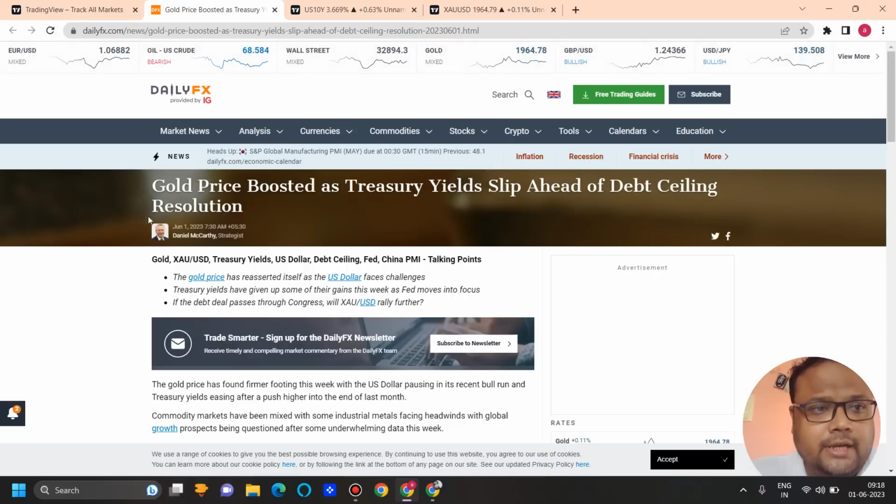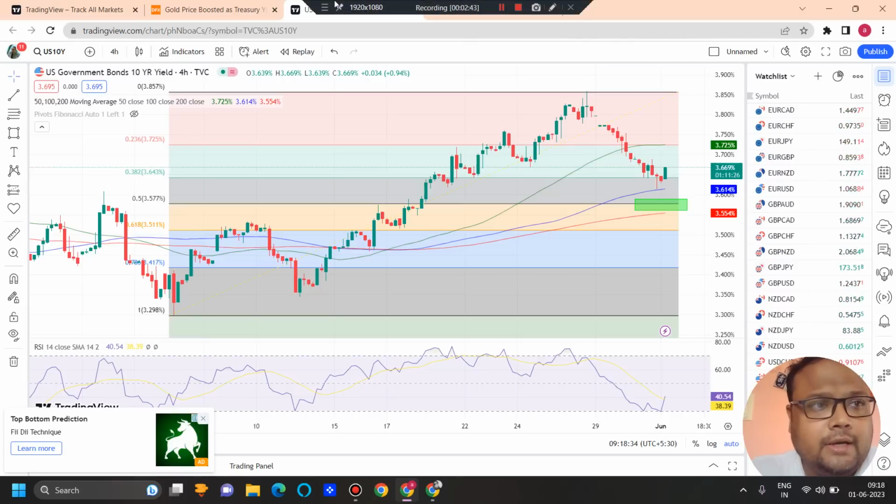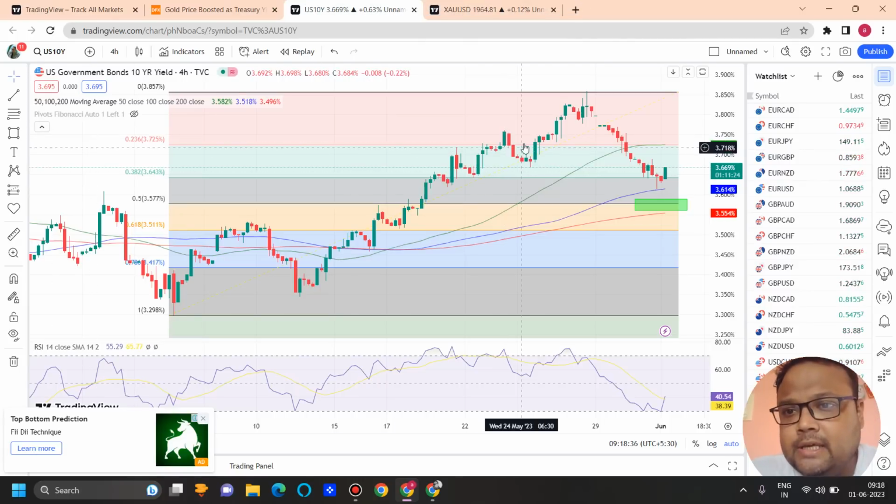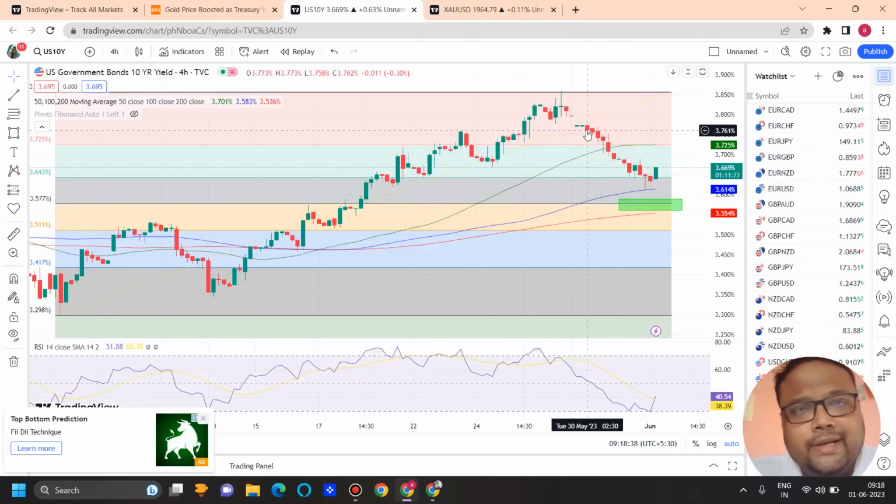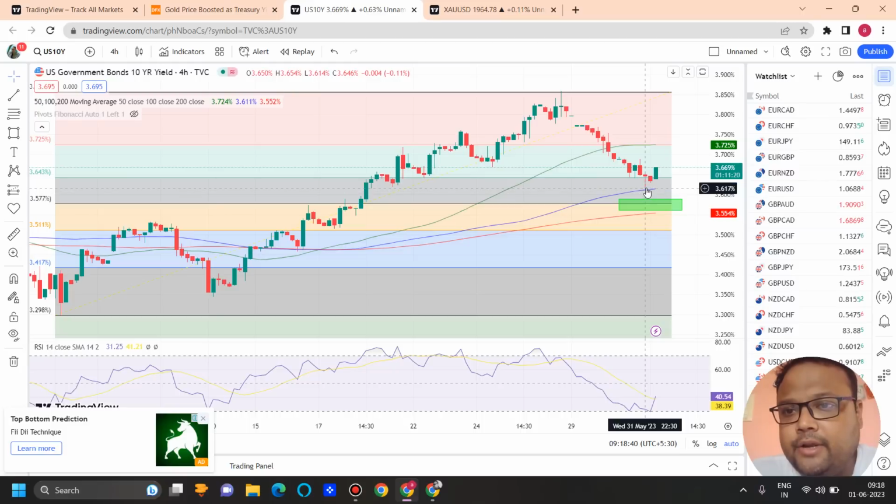And if you look at the news here, you can see gold price boosted as treasury yields slip ahead of debt ceiling resolution. And if you look at the US government bonds chart, you can see that the bond market witnessed heavy selling, took support around the 100 moving average, and right now the bond market is also trying to recover.